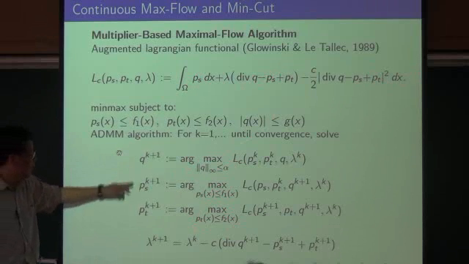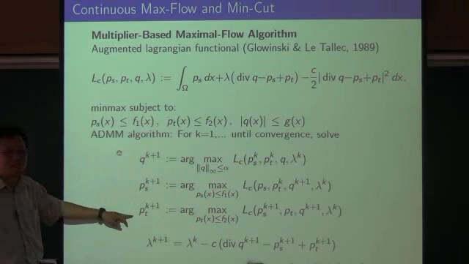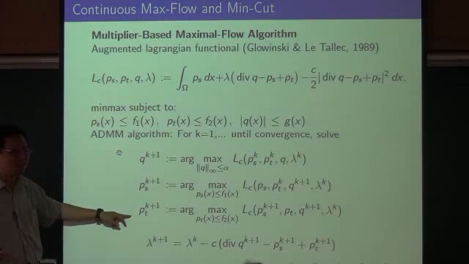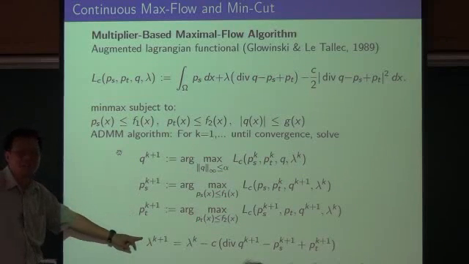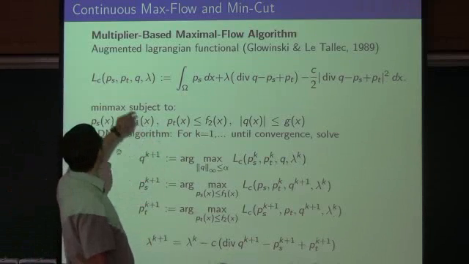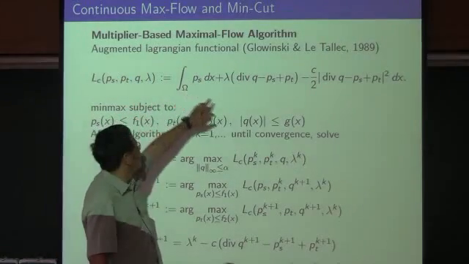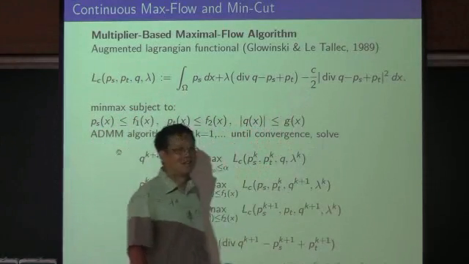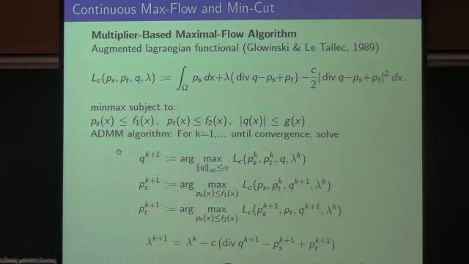So each problem is very easy to minimize with nearly no cost. Then for the Lagrangian multiplier, you use gradient descent, because here we have a minus. If you have a plus, you use gradient ascent. So this is easy, this is easy, this is easy, this is also easy. And this is convex.